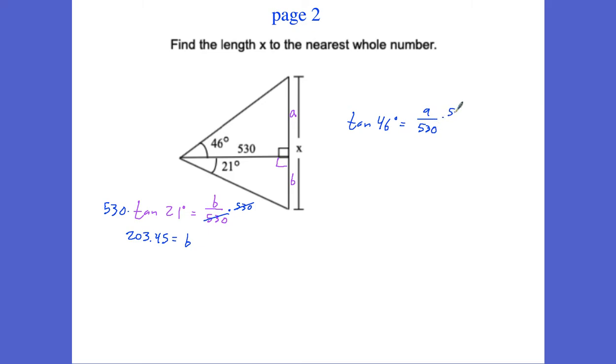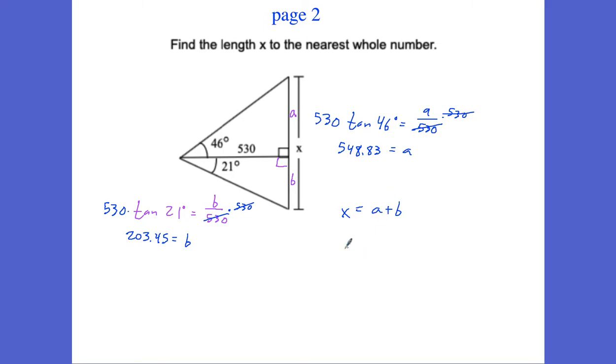So multiply both sides by 530. 530 is reduced to 1, so A equals 530 times tangent of 46, and we get 548.83.